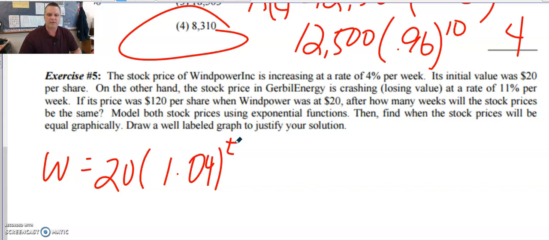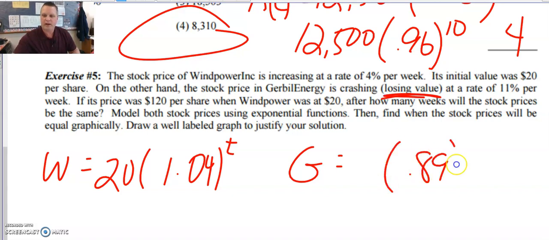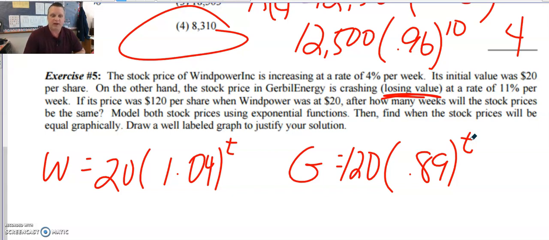On the other hand, the stock of Gerbil Energy is crashing at a rate of 11% per week, so it's losing value. That's going to be 0.89 because it's 1 minus 0.11. Its price was $120 per share when Wind Power was at 20. After how many weeks will the stock prices be the same? So now we're into weeks. Like I said, the t is usually years, but sometimes it'll be weeks, days, or hours if you're talking about half-life.